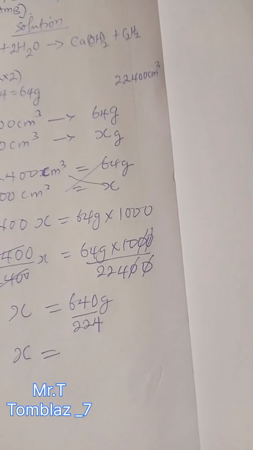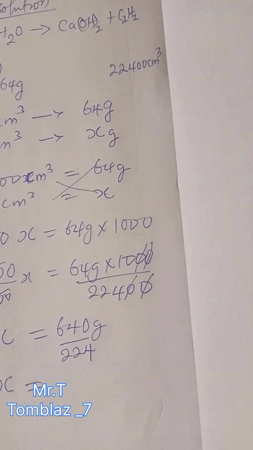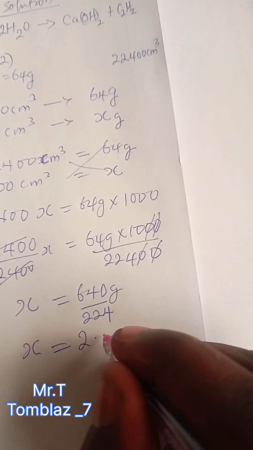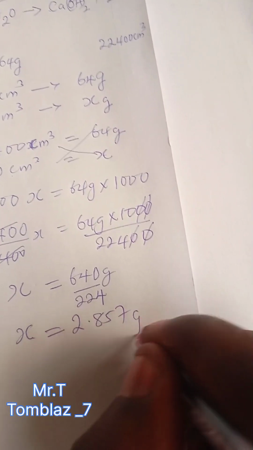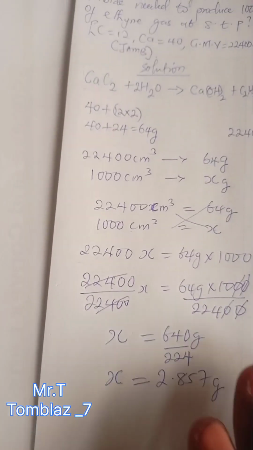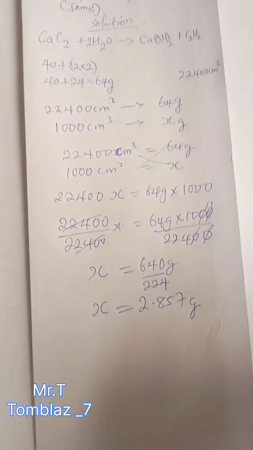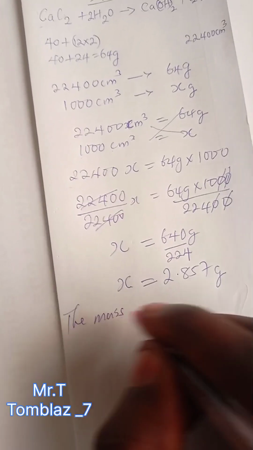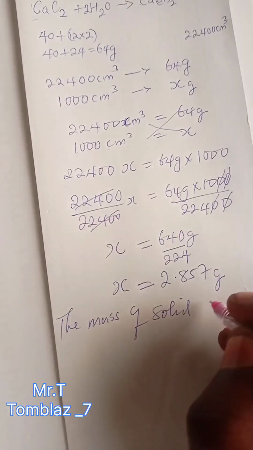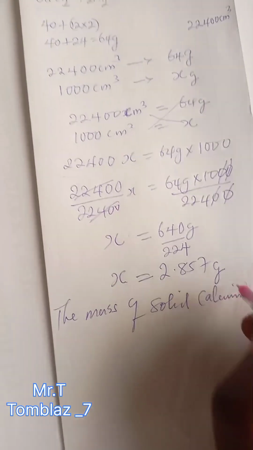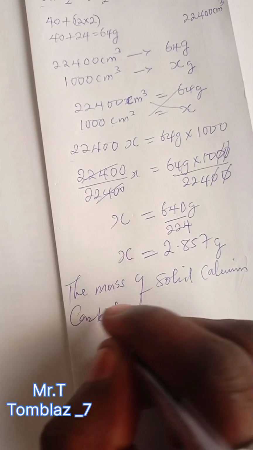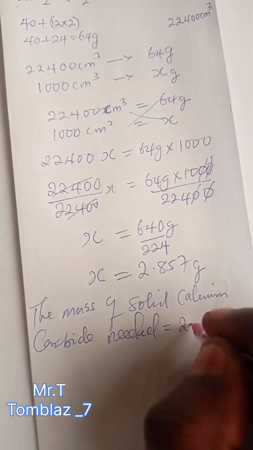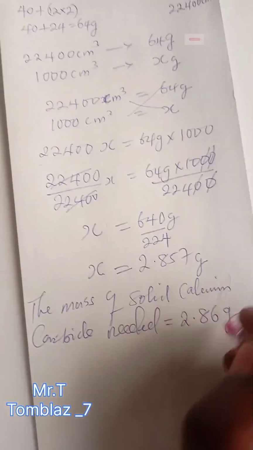So our X will be equal to what? So let's do 640 divided by 224. So we're going to be having 2.857 grams, right? So what this means is that the mass of solid calcium carbide needed is approximately 2.86 grams.